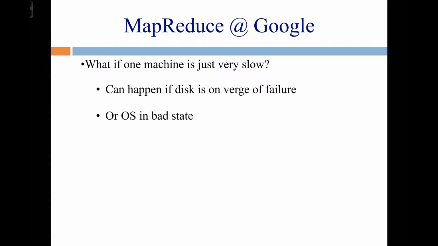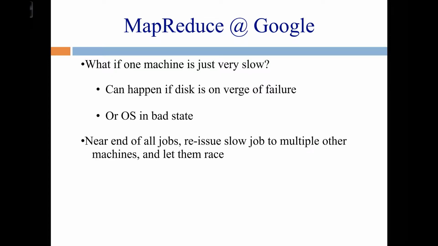What Google does, and what probably most MapReduce implementations do, is near the end, if there are one or two jobs still running and only a few machines working, it'll take those jobs and give them out to a bunch of other machines and let them race to see who wins. One of them will probably be running at full speed, and you'll get the result back before the slow one, and then you can just kill the slow one.